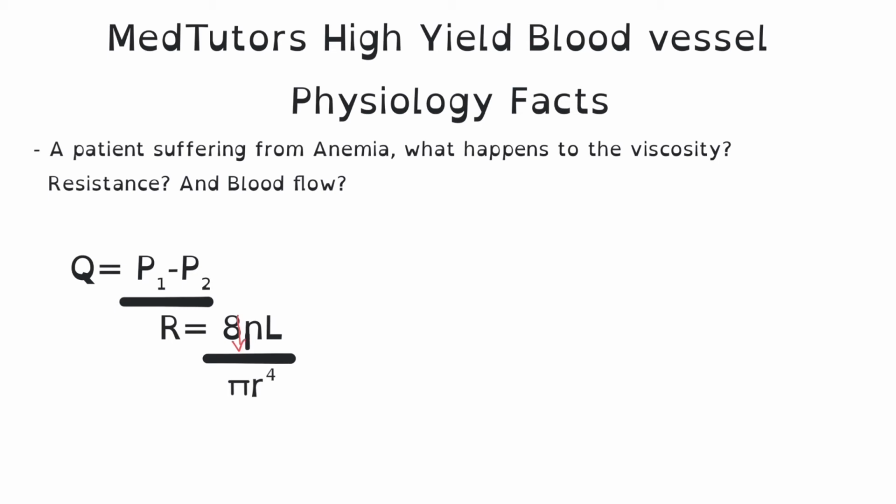Since we have a direct relationship between viscosity and resistance, therefore we're also going to see a decrease in resistance. Since we have an inverse relationship between the flow and the resistance, we are going to see an increase in flow.